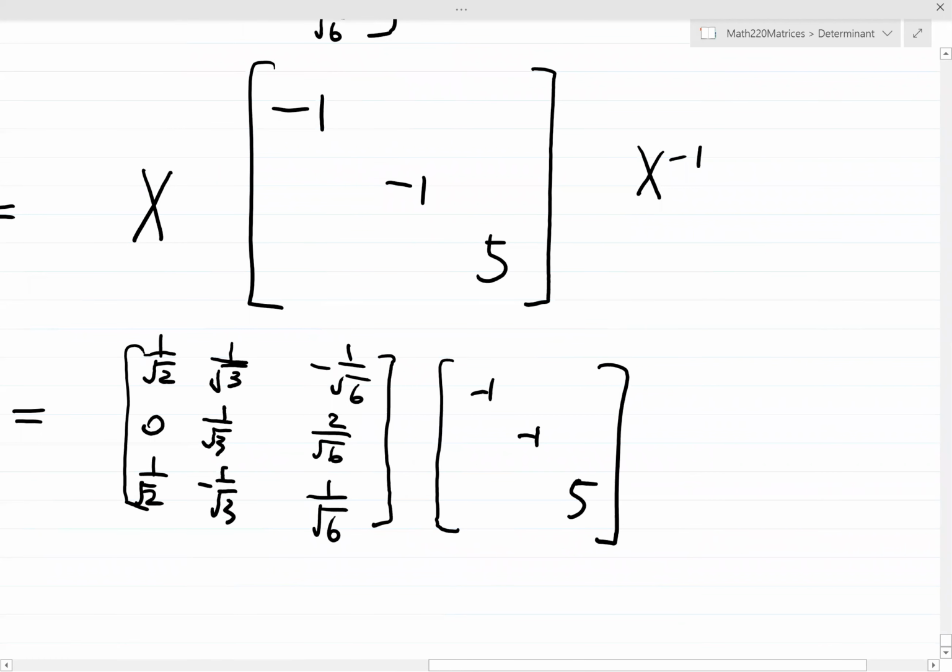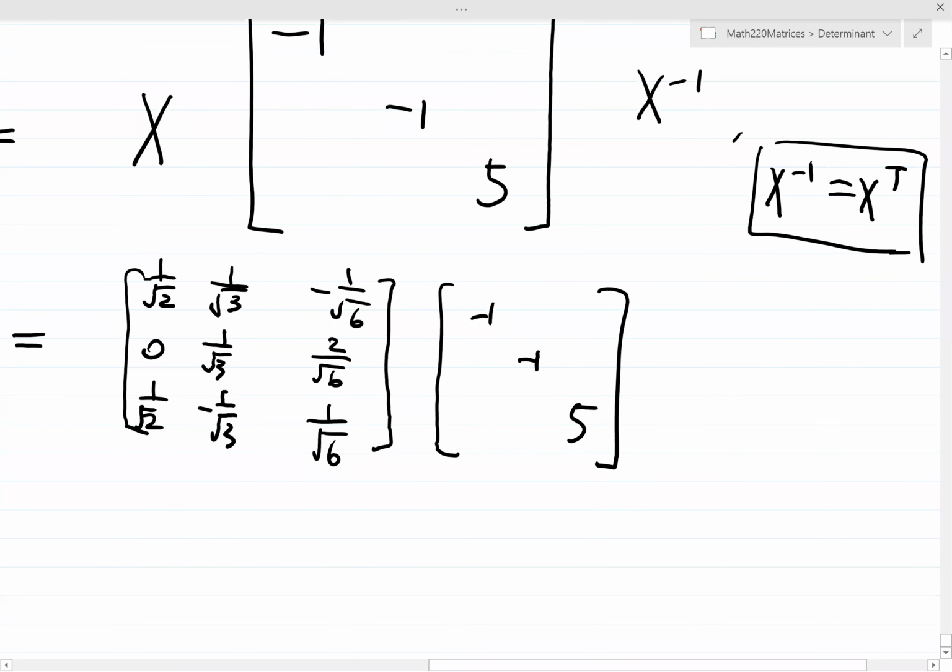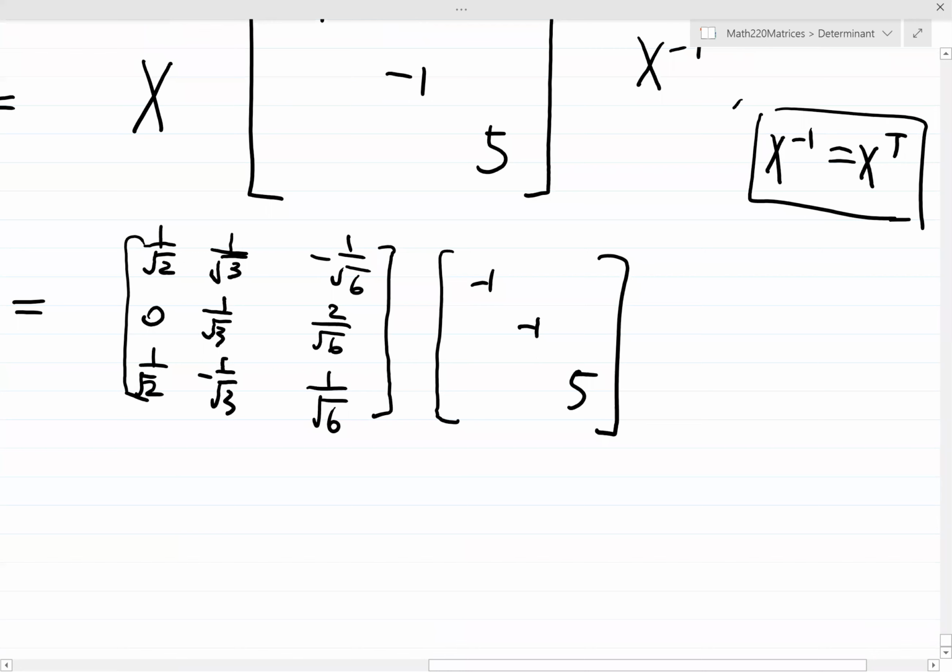So here, if you write these as unit vectors, then X inverse is X transpose. They are also normal column vectors, so X inverse is X transpose. You will see why in a moment.